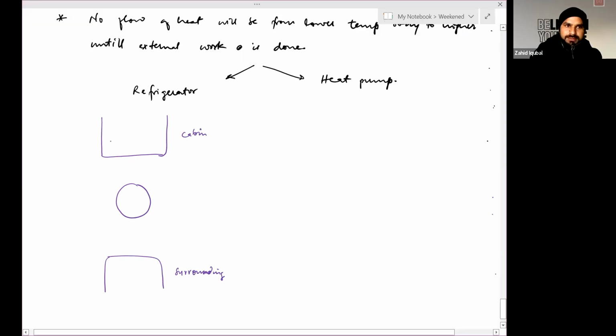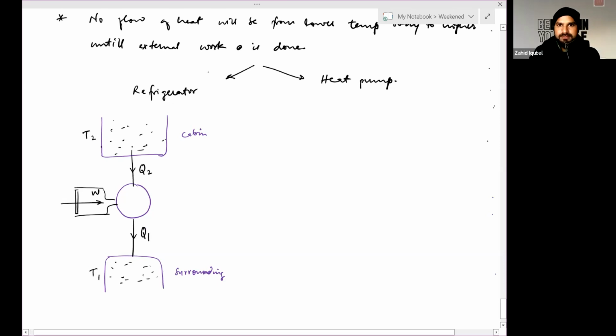It extracts heat energy Q2 from the cabin at a lower temperature T2, and work is done on it by an external agency, in this case the compressor, so that these two combine to form Q1, ejecting a larger amount of heat into the surrounding at a higher temperature.